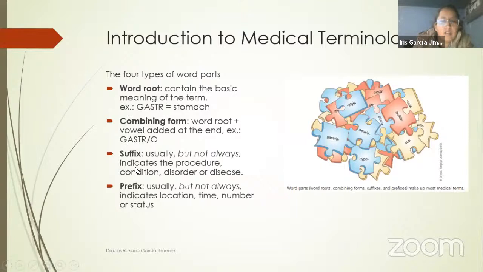The suffix usually, but not always, indicates the procedure, condition, disorder, or disease. Gastroenteritis, for example. Gastritis, for example, right? And the prefix usually, but not always, indicates location, time, number, or status. We are going to see examples specifically from this part, okay?